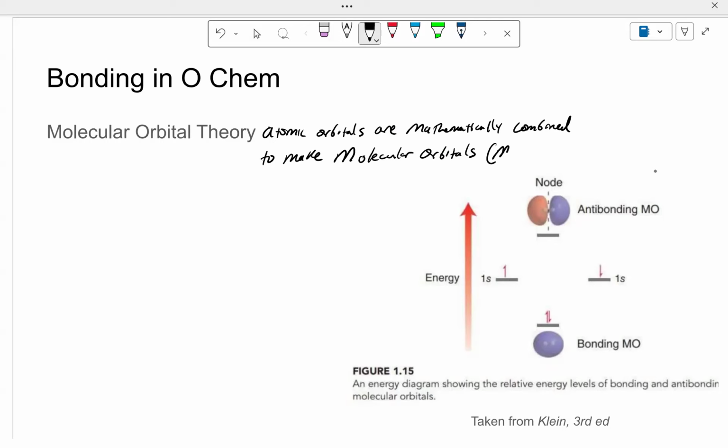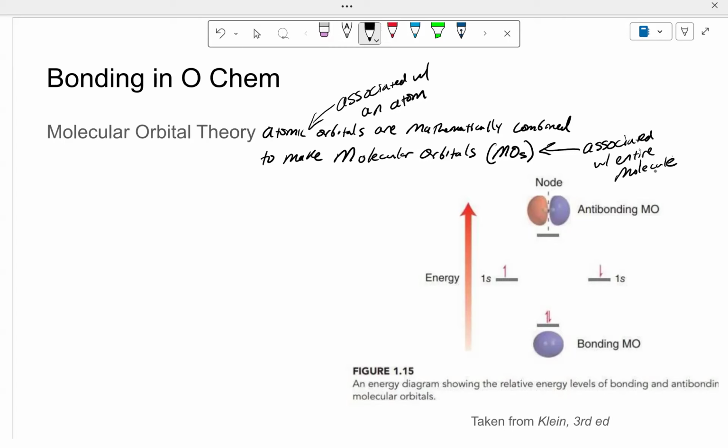You'll see me use the shorthand MOs for molecular orbitals. Now, here's how this is different. Atomic orbitals are associated with an atom. Molecular orbitals are associated with an entire molecule. And this is where the two theories differ.